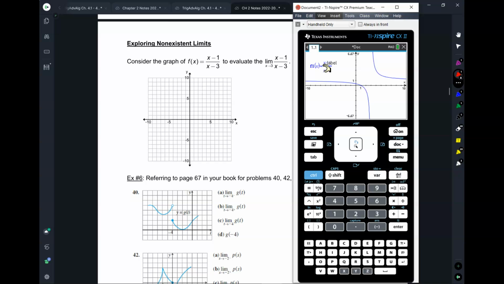Okay, so listen up. You graph this. This is how it looks. Which do you graph? X minus 1 over x minus 3.